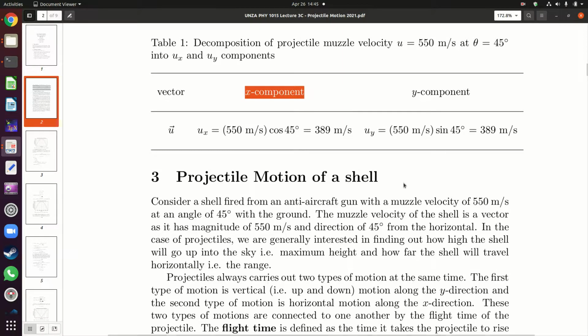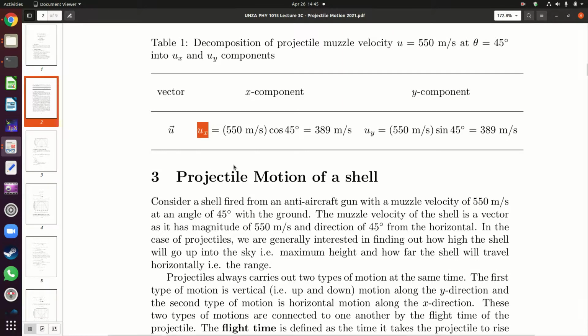So since u is 550 meters per second and the angle is 45 degrees, we can find how much the launch velocity or the initial velocity is along the x direction. So in this case, we're talking about ux, the initial velocity along the x direction.